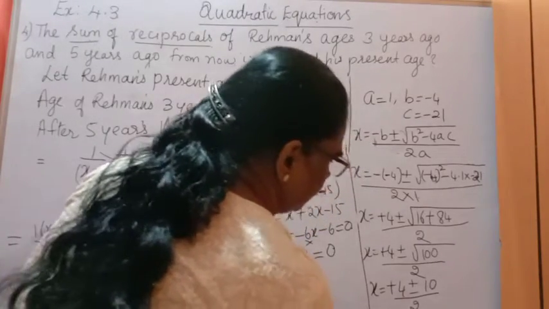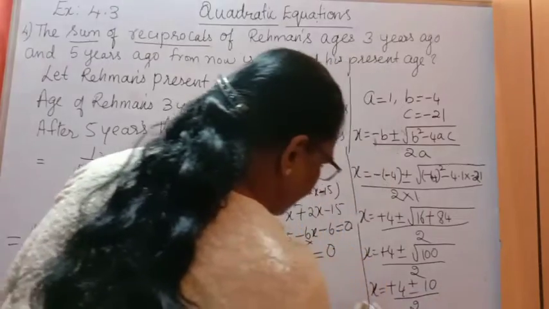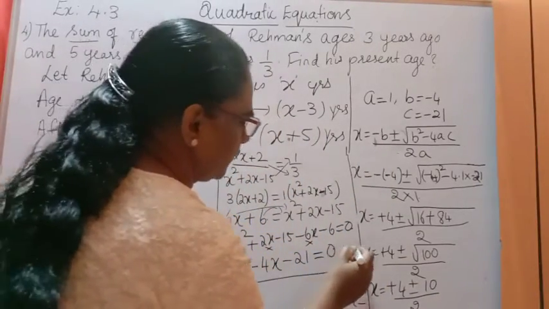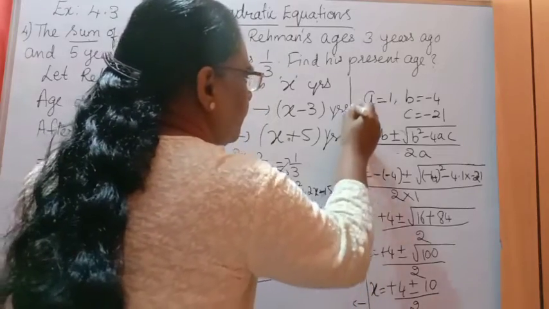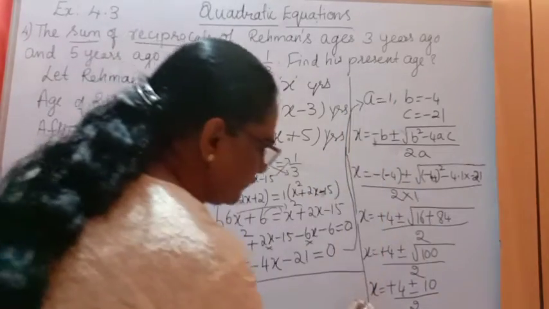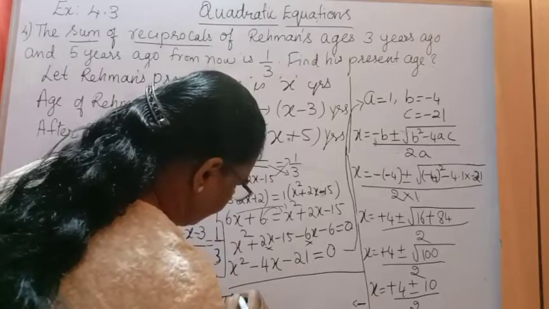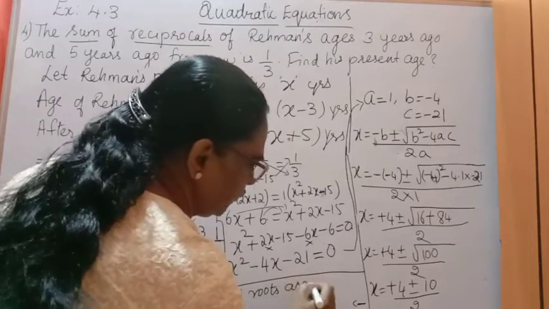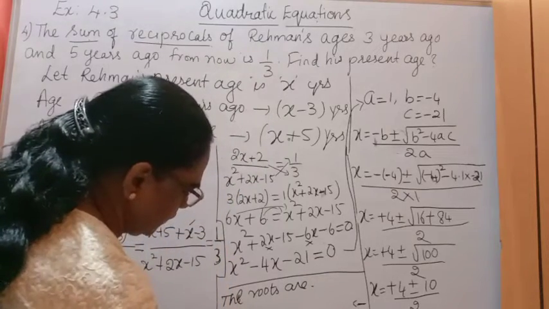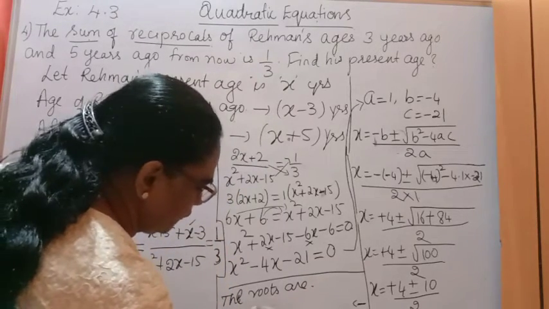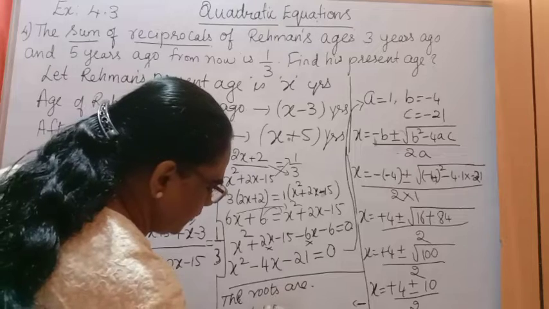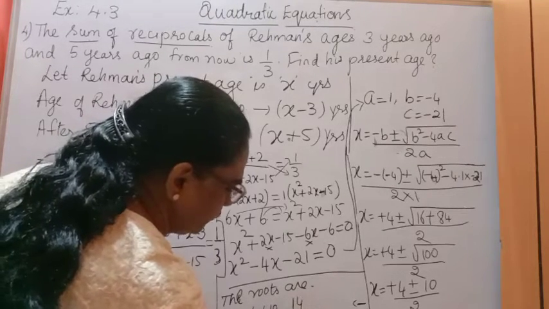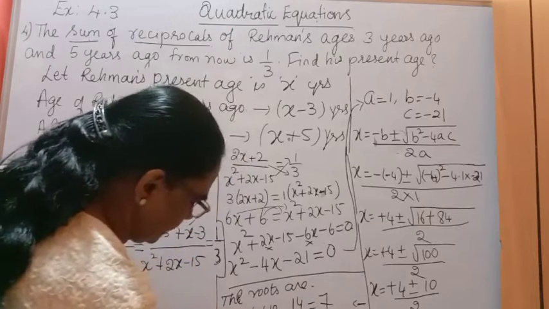So here the roots are: x is equal to plus 4 plus 10 by 2, that is equal to 14 by 2, which is 7.